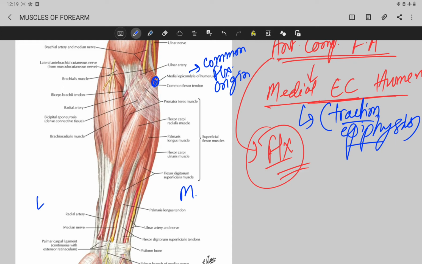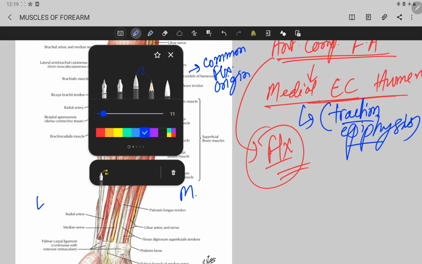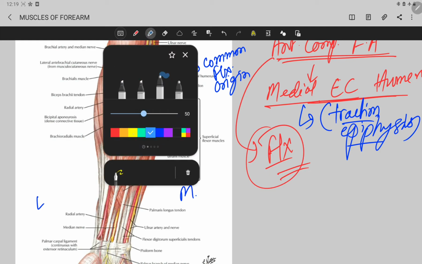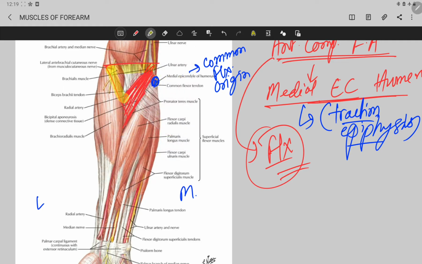Here you can see the common flexor origin and various muscles. You can see the pronator teres. The superficial muscle pronator teres forms the medial border of the cubital fossa, which you can see here.